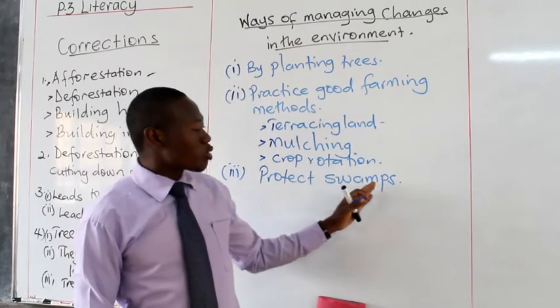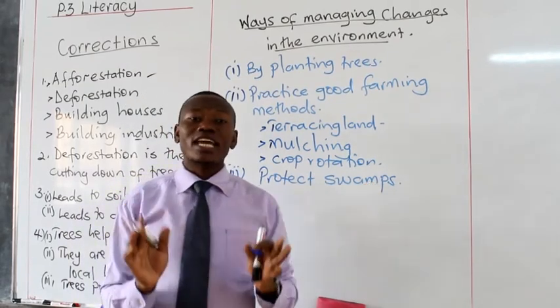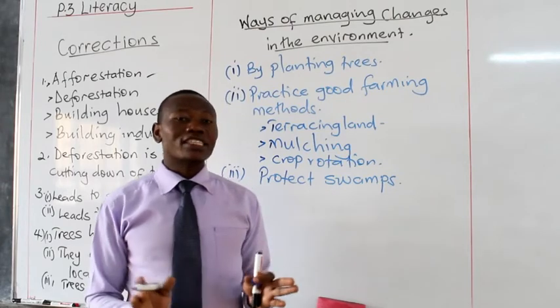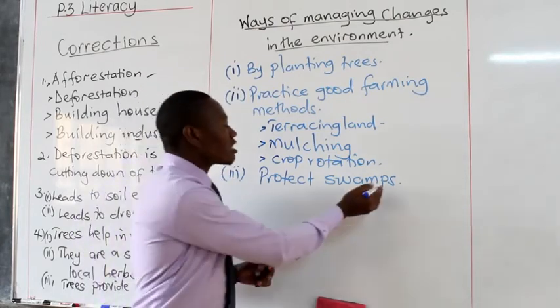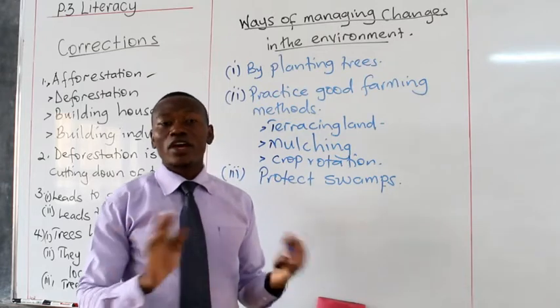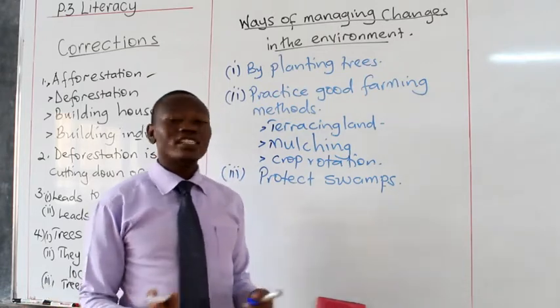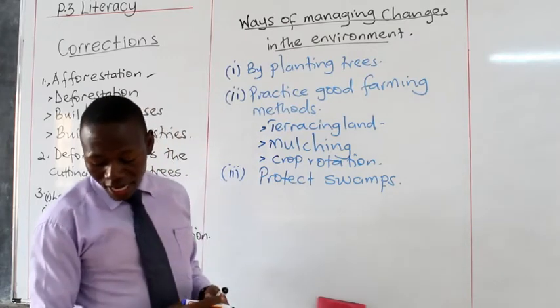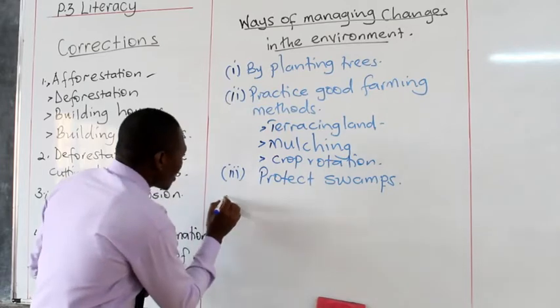When you protect these swamps here, you help to maintain the rate of water in that area. So areas where water mostly settle are those swamps. So once you destroy them, then you are encouraging changes like floods in an area. So let's protect them. Then lastly, avoid bush burning.